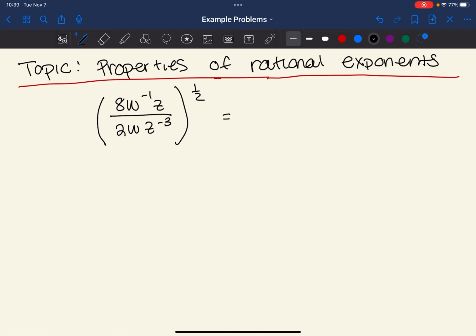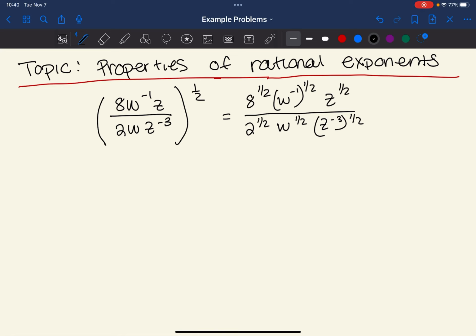That means this is the same as saying 8 to the 1/2 power, w to the negative 1 to the 1/2 power, z to the 1/2 power, over 2 to the 1/2 power, w to the 1/2 power, and z to the negative 3 to the 1/2 power.